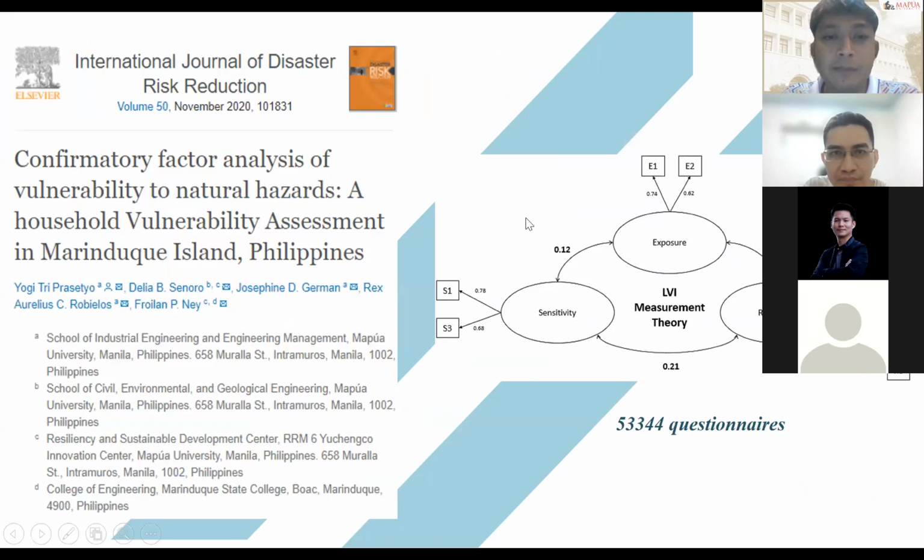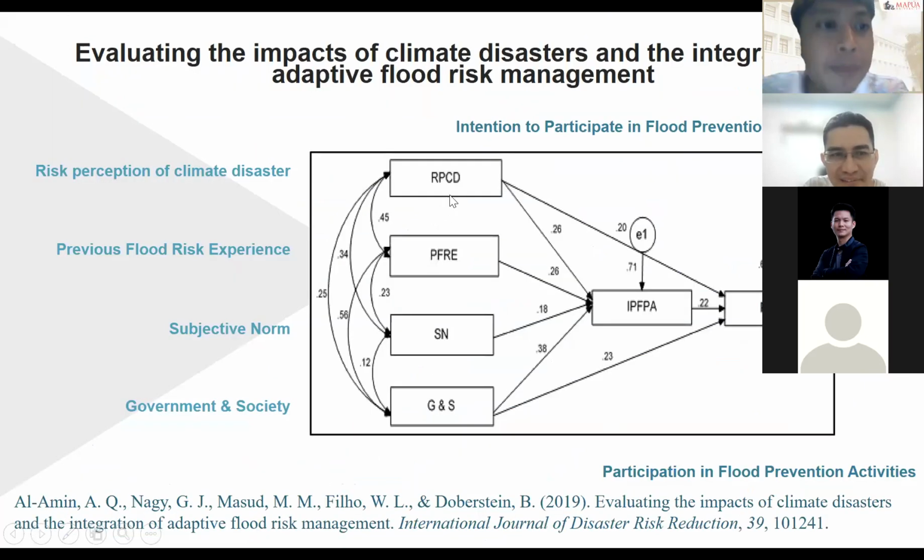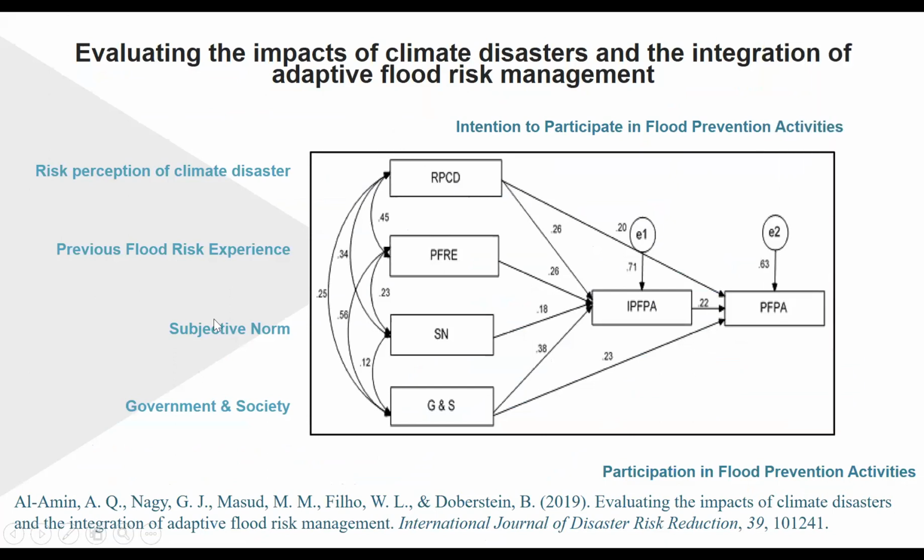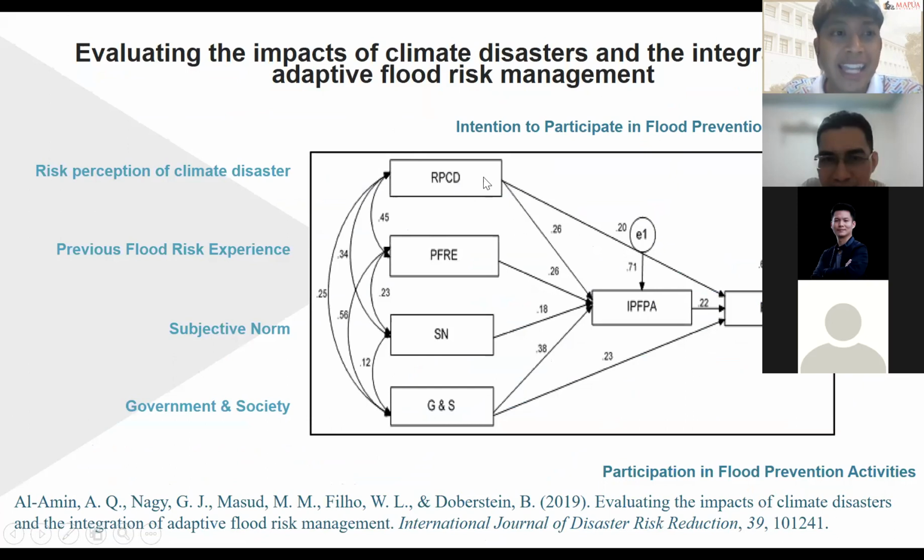Now, sometimes, everyone, Pak Rizka, here you can see this is a square. But you said before, the square is actually for the indicator, and the oval is for the latent. So why is the latent here a square?